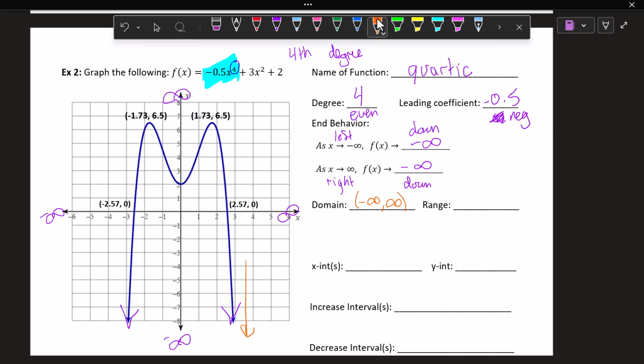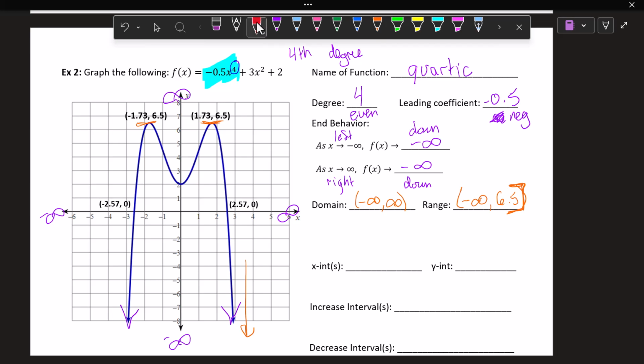We don't have a lowest y value, so it's got to be negative infinity. And we do have a highest y value. And they're both the same, actually. There are those two little humps. We got a y value of 6.5. So that would be our range. Actually, it would be a square bracket because there is a point at 6.5. So that's our domain and range.